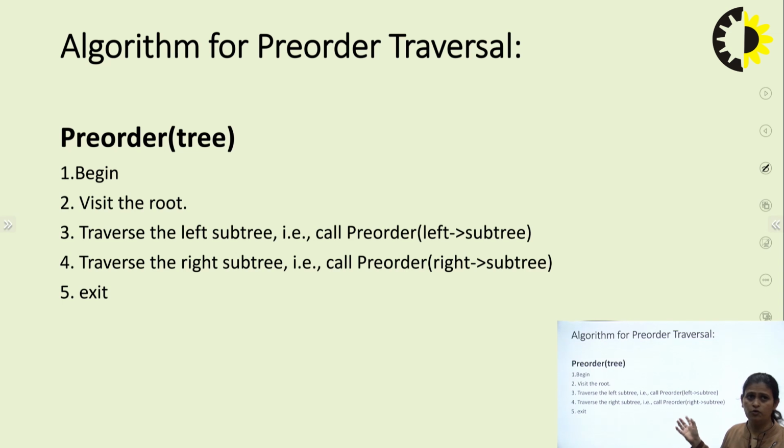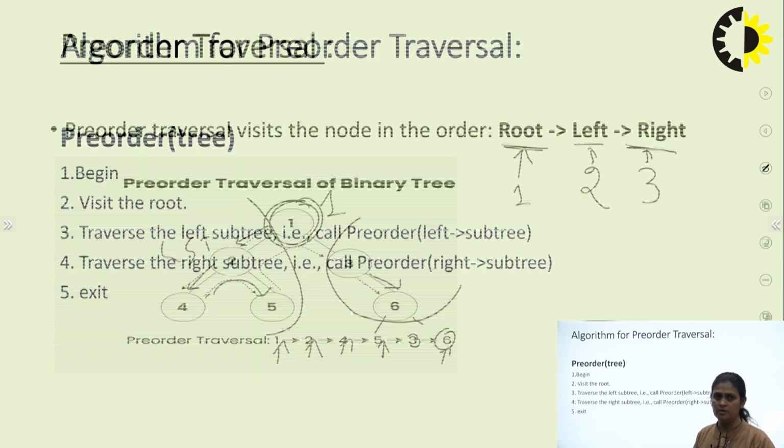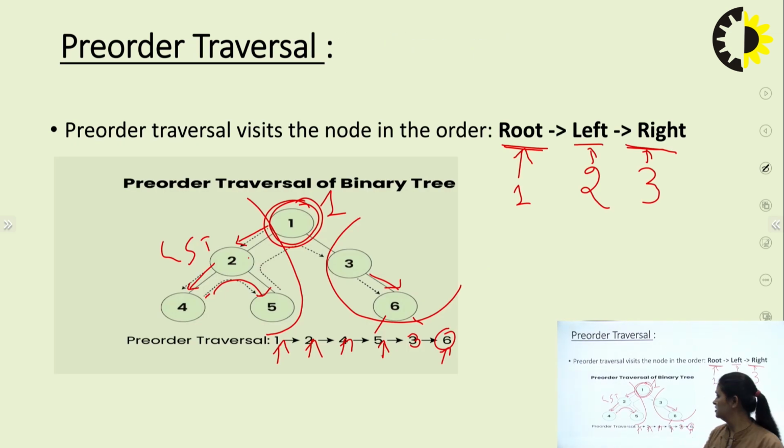The algorithm for pre-order traversal works the same as I discussed previously, with the structure I have explained.